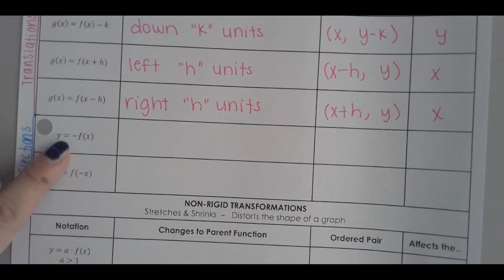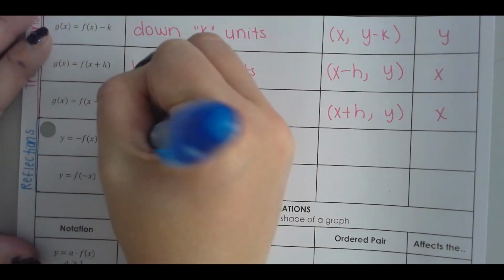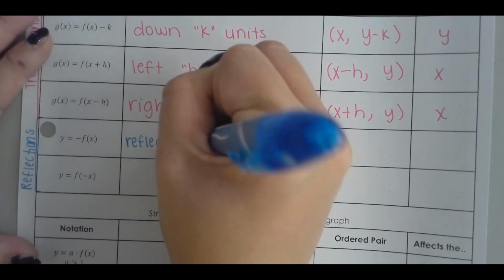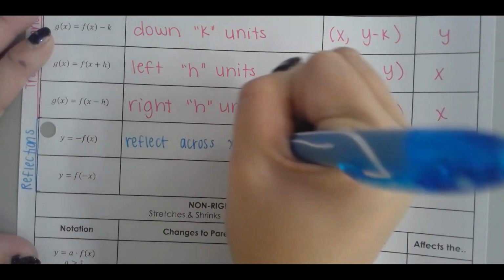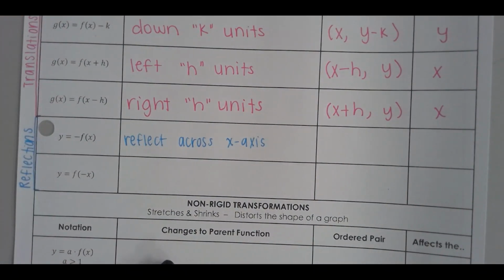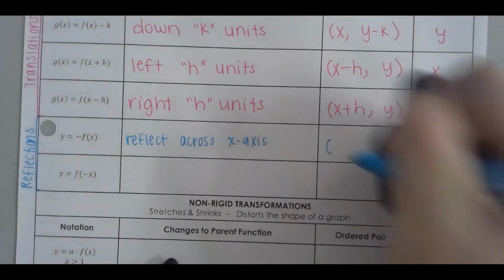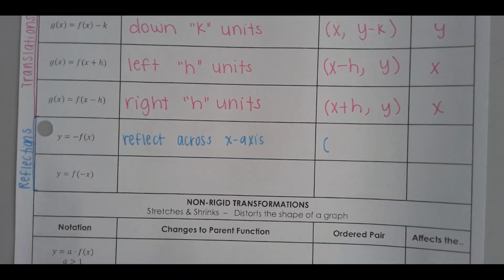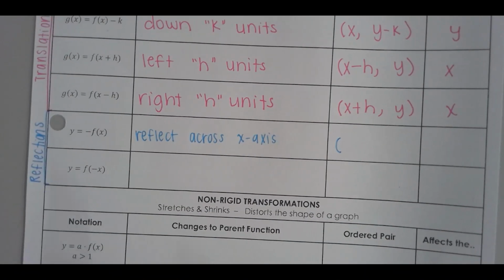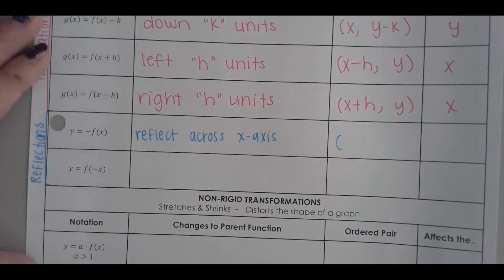When you have a negative on the outside of a function, that reflects across the x-axis. And so as an ordered pair, if we have a starting point, if we want to reflect it across the x-axis, is my x value changing? So here's my x-axis.